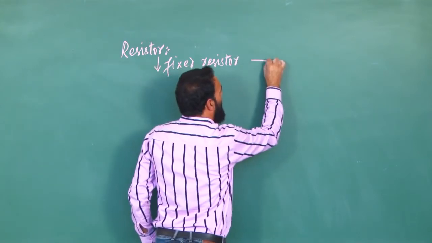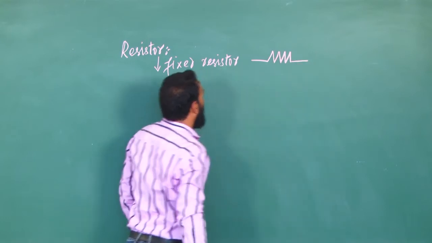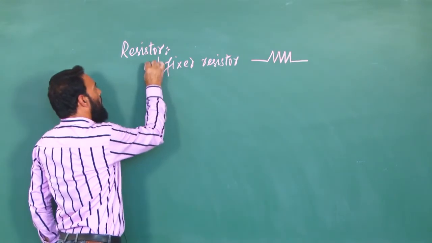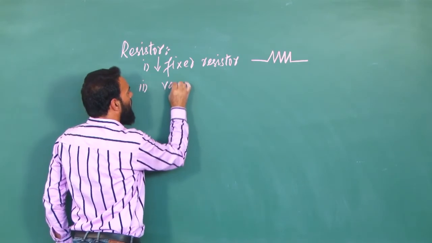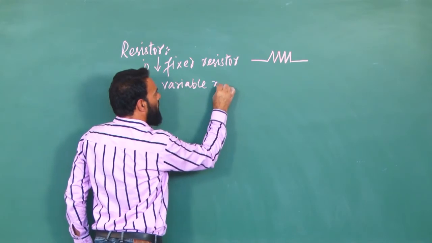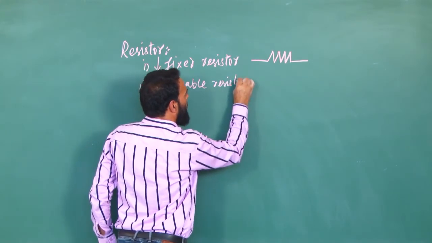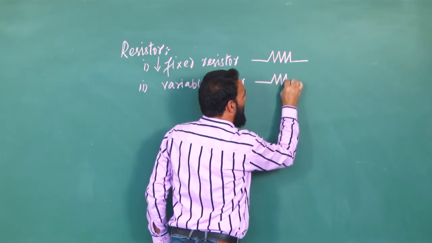That resistor is represented like this. This is a fixed resistor. And the second is a variable resistor. And that variable resistor is represented like this.